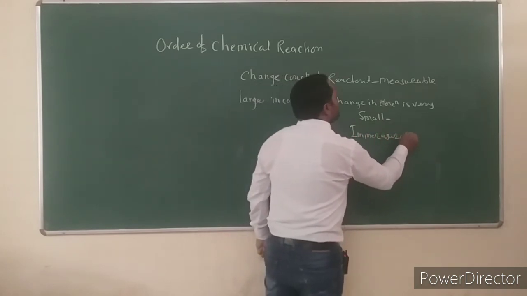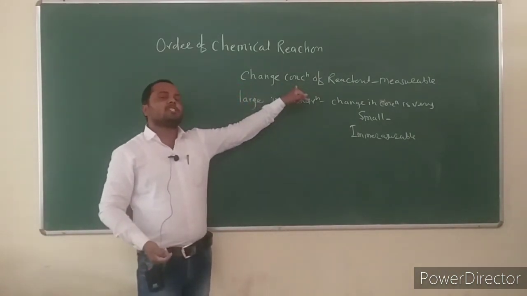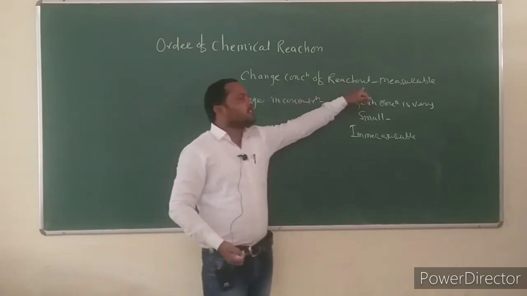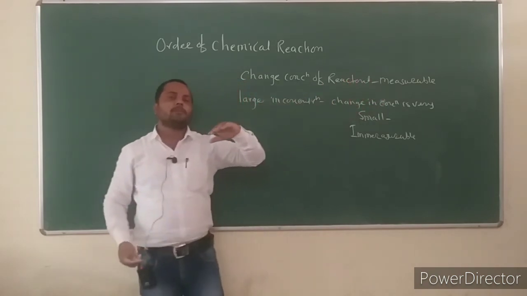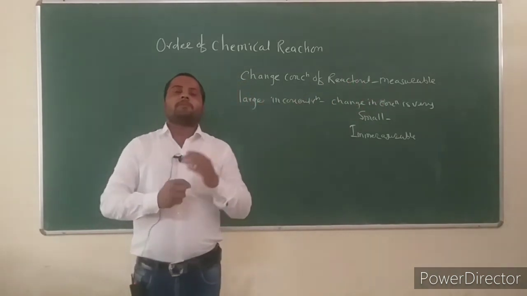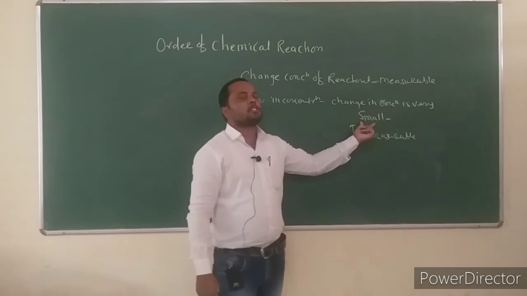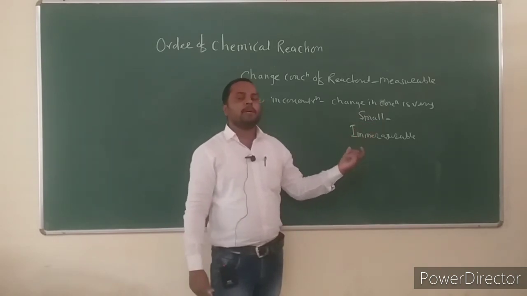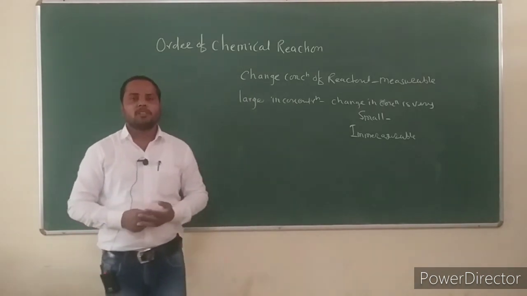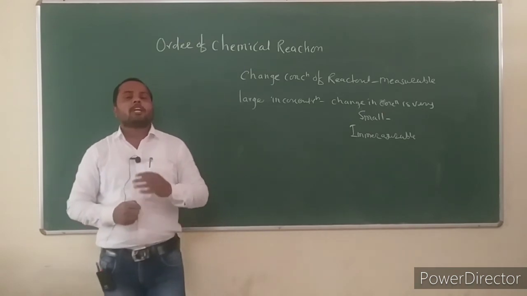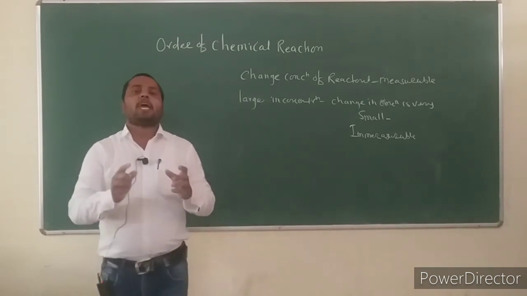We cannot easily measure it. If the change in concentration of a given reactant is measurable, then its concentration appears in the rate equation. If one of the reactants is in large concentration, its change in concentration is small and we cannot easily measure it. Therefore, for such a reactant, the concentration generally does not appear in the rate equation.